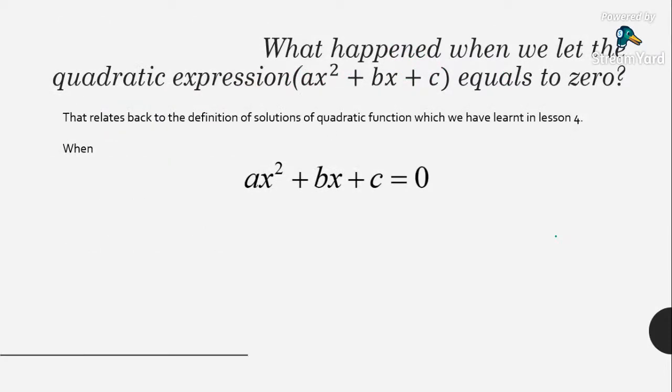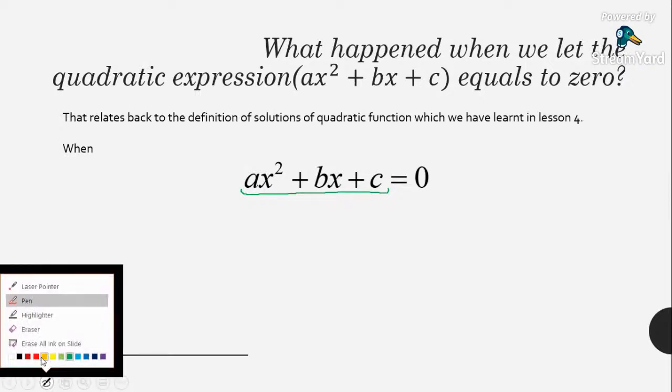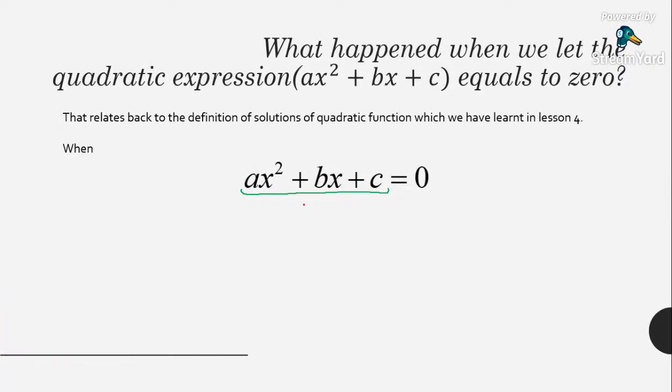Now we will look at what happens when we let the quadratic expression equal 0. As I told you earlier, in lesson 4, I explained what is meant by the solutions of a quadratic expression. Here you have equation 1, a quadratic equation, ax squared plus bx plus c.